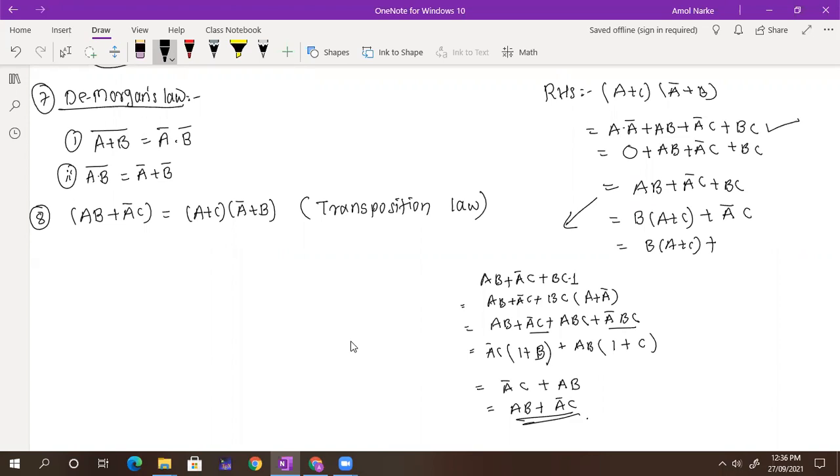If you add 0 to anything, you will get the same thing. So from here, for BC, I make one arrangement. I add A plus A bar with the dot. The value of A plus A bar is 1. So 1 into BC, I'm getting BC only. Now if I multiply this inside, this term stays as it is. So BCA, so ABC because it is commutative, and A bar BC.